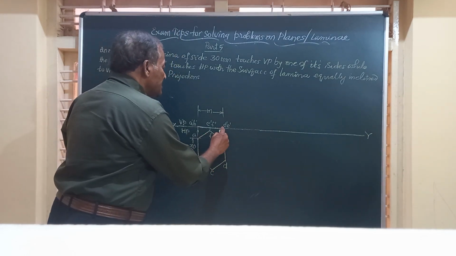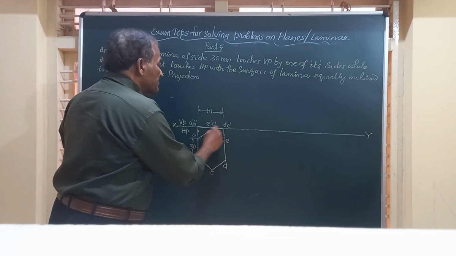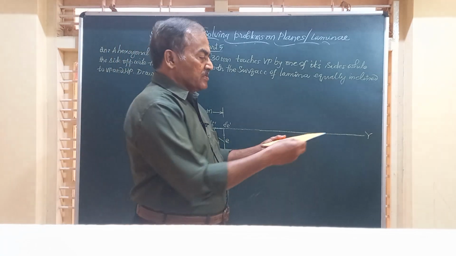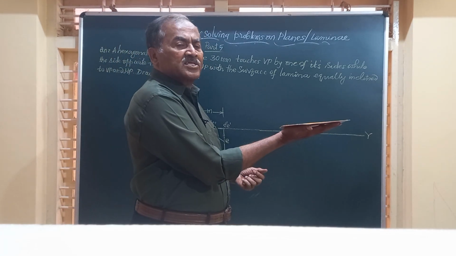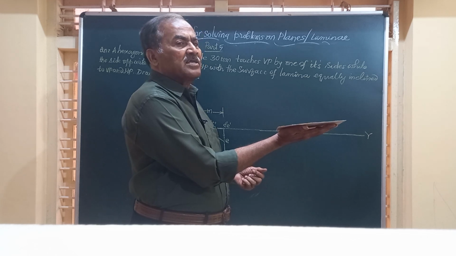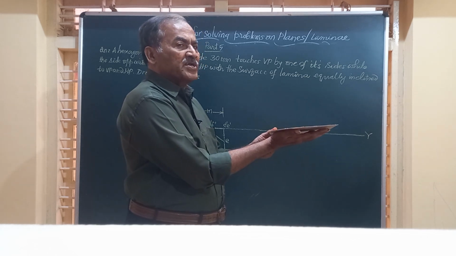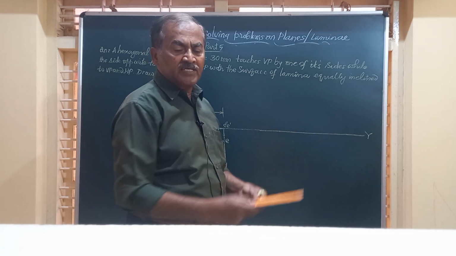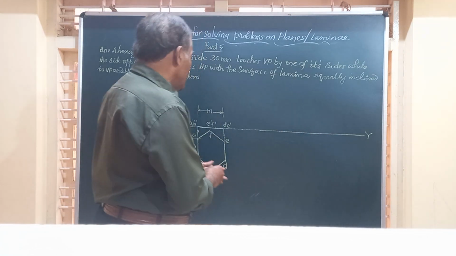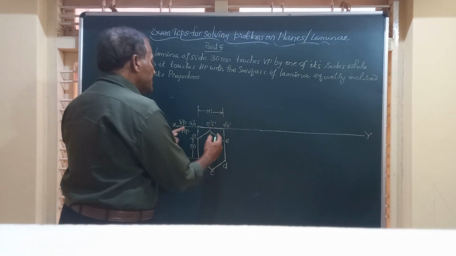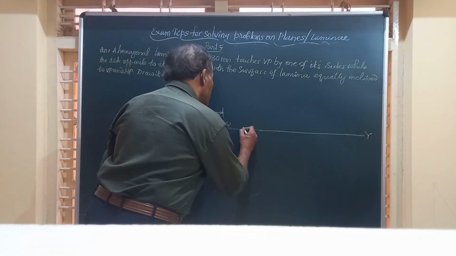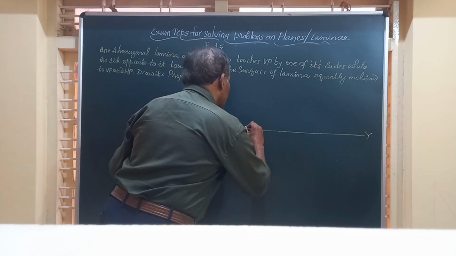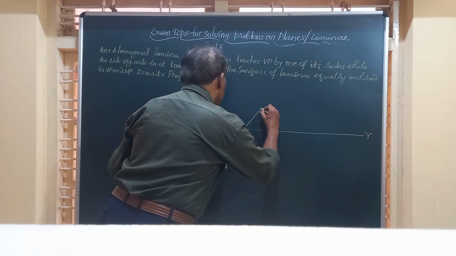And this is the lamina. The surface of the lamina is in contact with HP like this, and hence it is not making any angle with HP. So now friends, we know very well it is making an angle of 45 degrees with HP. So I am going to redraw this front view, that line M, at an angle of 45 degrees.